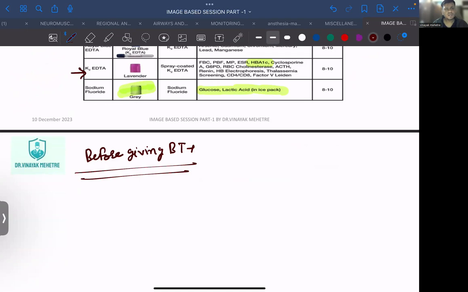These are blood-borne diseases: hepatitis B, C, and HIV. We should check for these blood-borne viruses before giving a blood transfusion. I hope hematology is understood.